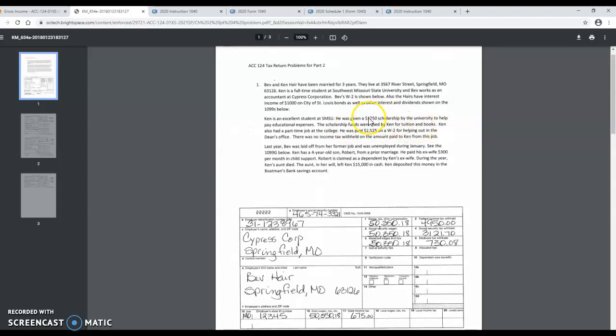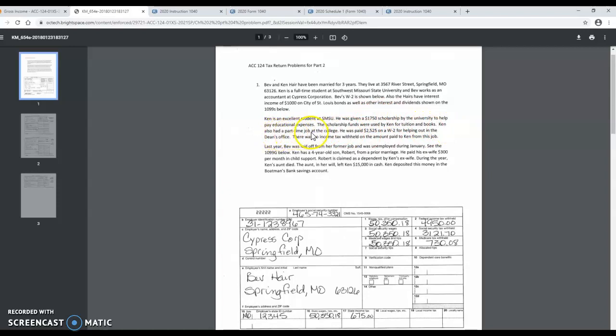So as long as he used the scholarship for tuition and books and required supplies, then he does not need to show that as wages. If he got a scholarship and he used it to buy a used car, or to pay for room and board, rent, or other expenses, then that $1,750 would be added in as wages for Ken. But in this case, he spent it on tuition and books, so he's good to go. He doesn't need to include that income.